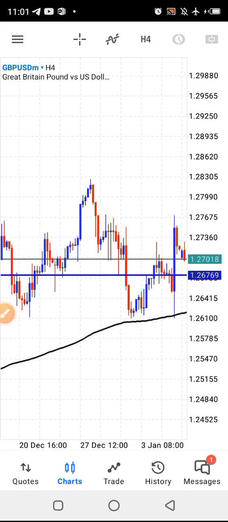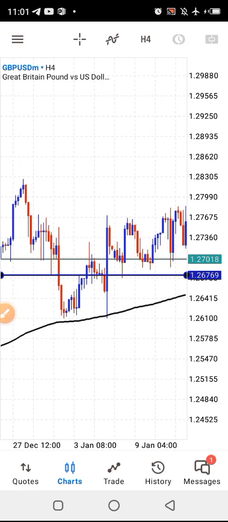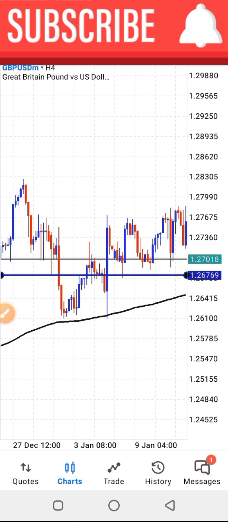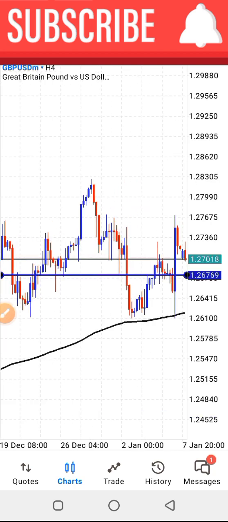Okay, so let's draw our demand zone. A supply zone is simply a zone where a lot of sellers are. Okay, so a zone where you have a lot of red candles going down is a supply zone, while a zone where you have green candles, in my case blue candles, going up is a demand zone.